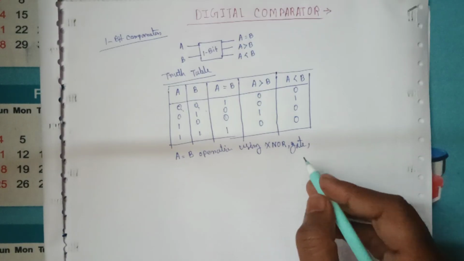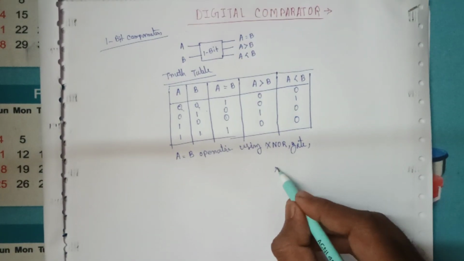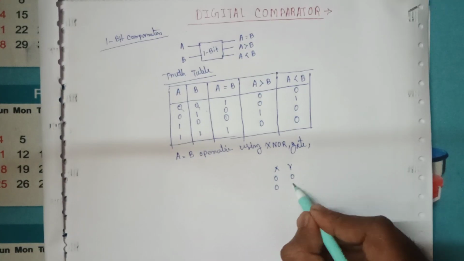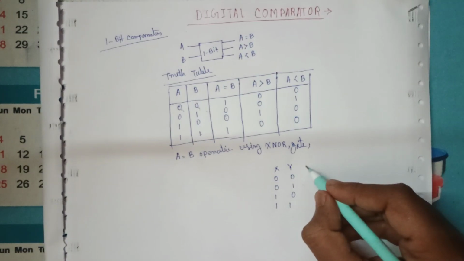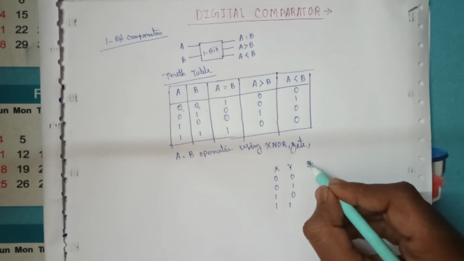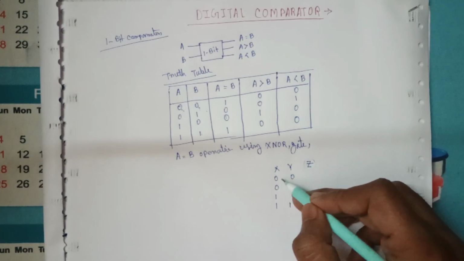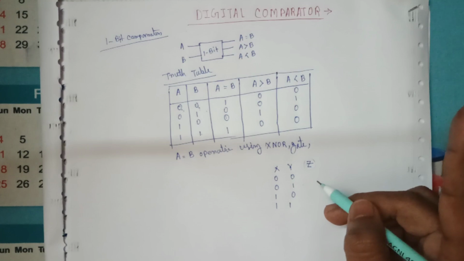Because the truth table of XNOR gate is, if X and Y are the inputs, 0 0, 0 1, 1 0, 1 1, and Z is the output, then only for the same inputs XNOR gate gives true, right?